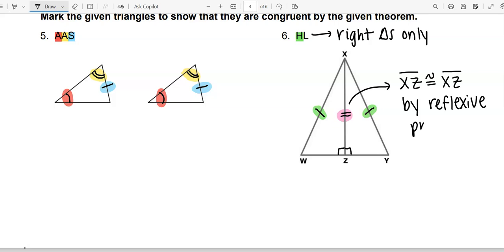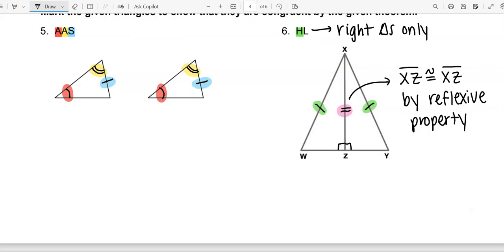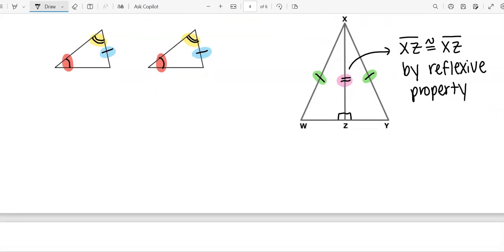What does reflexive sound like? Reflection. And if you look at your reflection, you are looking at yourself, right? So if something's congruent to itself, it's reflexive property because it's looking at itself. That's a little preview of something that we'll be doing next week, but we can talk about it early.